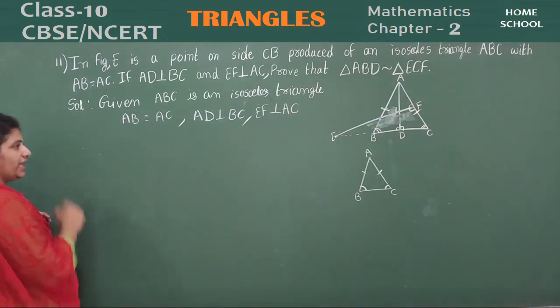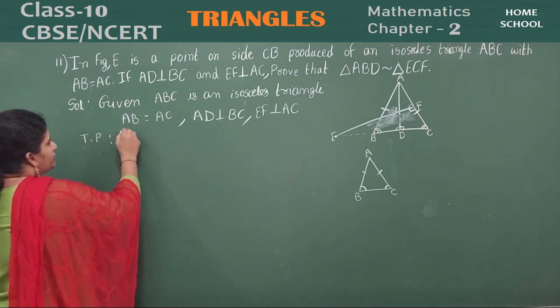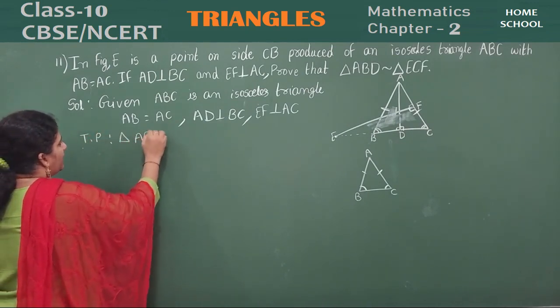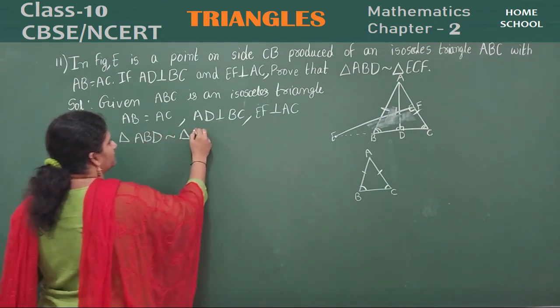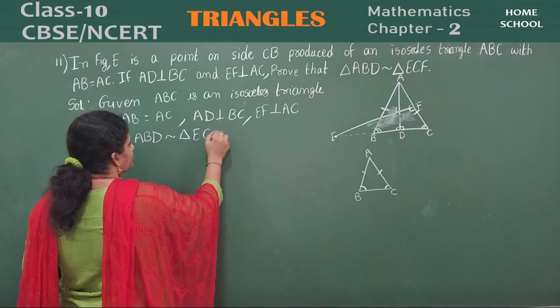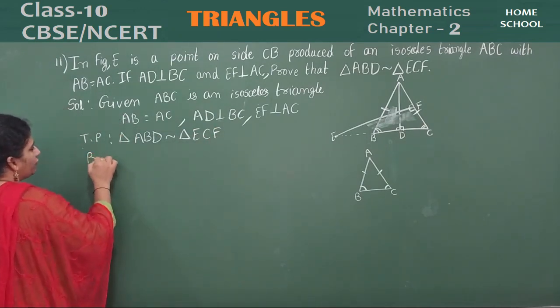So now what we need to prove? To prove: triangle ABD is similar to triangle ECF.